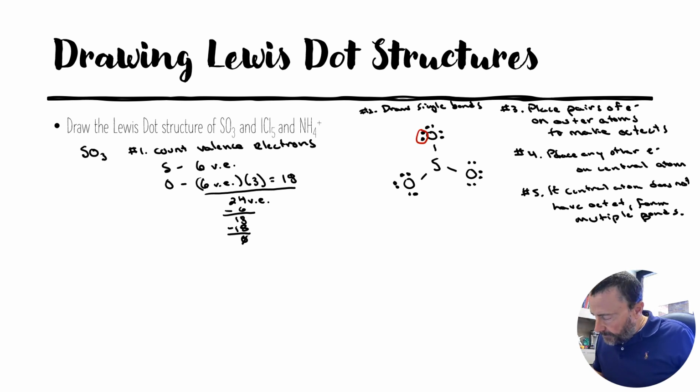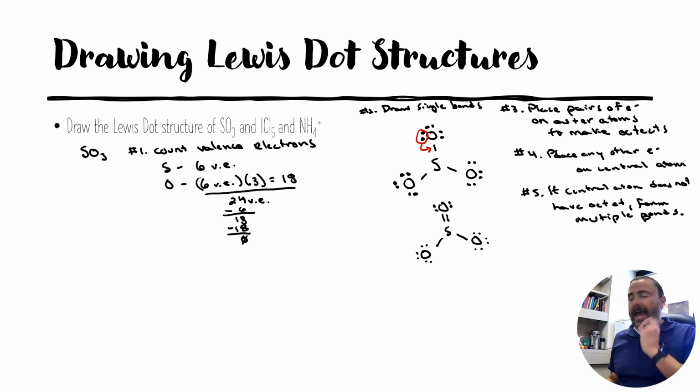So I'm going to bring in a pair of electrons here. That gives our sulfur an octet, because now there are 4 bonds to that sulfur. That's 2, 4, 6, 8 electrons, so it now feels like it has an octet. That top oxygen has 2 bonds, which is 4 electrons, and it has 4 dots. It also still feels like it has an octet, so I didn't mess up the oxygen by doing that.